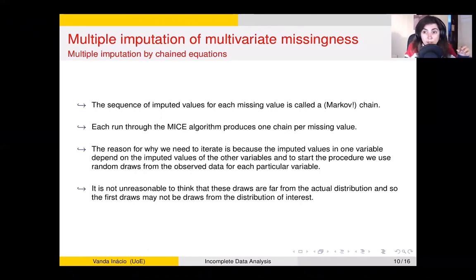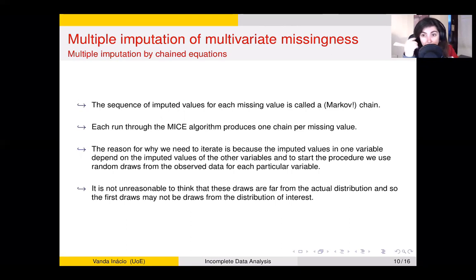And so for each missing value in each variable, we have a chain, because we repeat the procedure several times, and so we are imputing several times for each variable and for each missing value. So at the end, for each missing value, I have a chain. In fact, it's a Markov chain, but I have a chain.